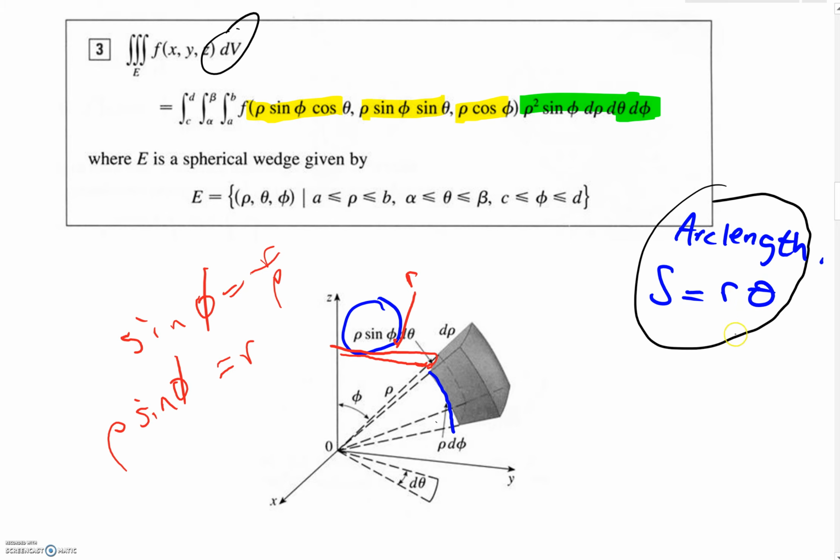And personally, I think the trickiest part is going to be coming up. We might as well talk about that right now. The trickiest part is how to get theta into this picture. d theta is down here, a little slice.